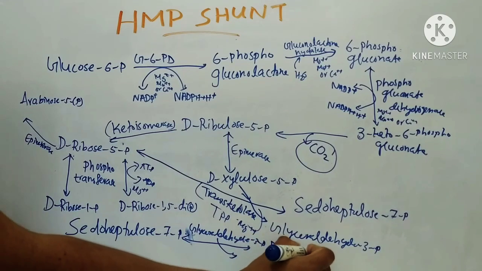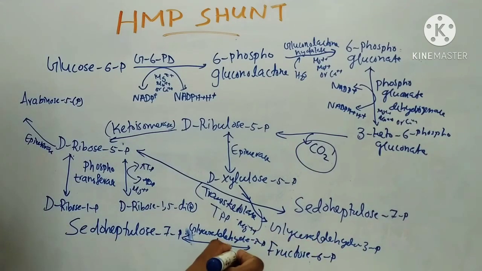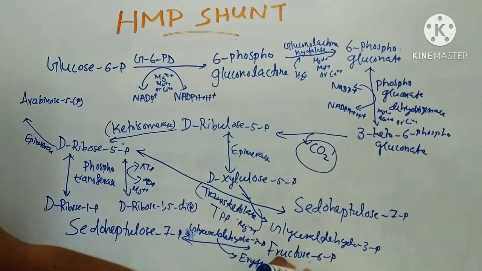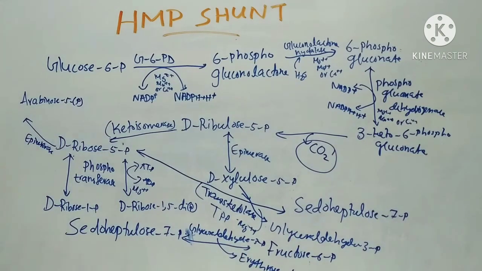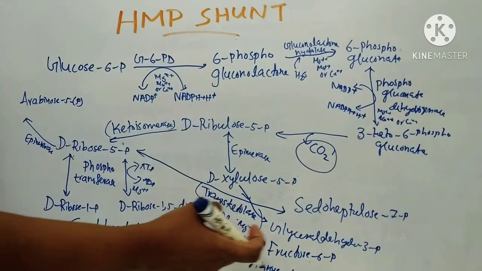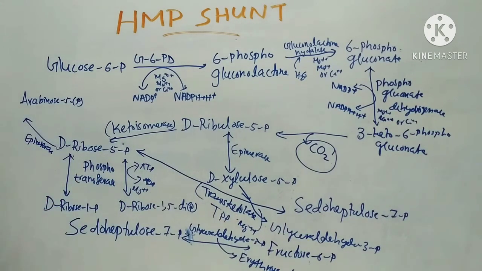Sedoheptulose 7-phosphate combines with glyceraldehyde 3-phosphate to form fructose 6-phosphate and erythrose 4-phosphate.